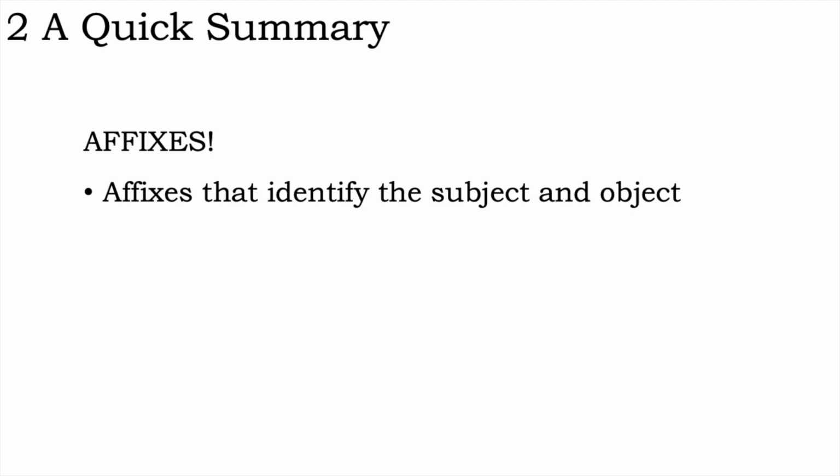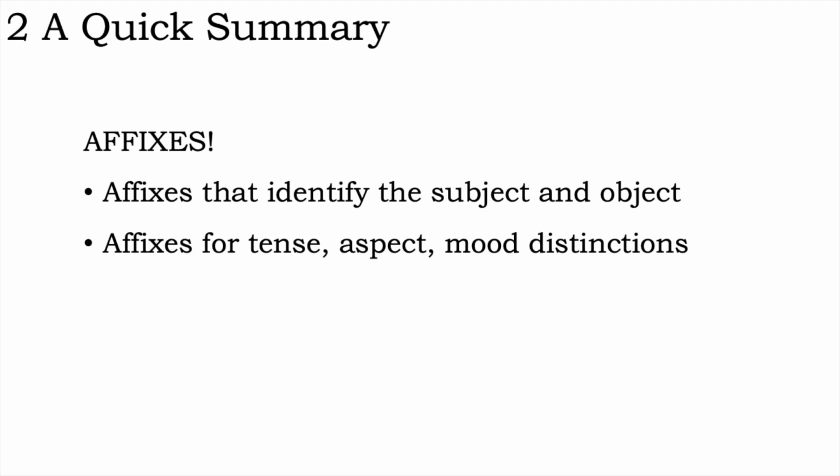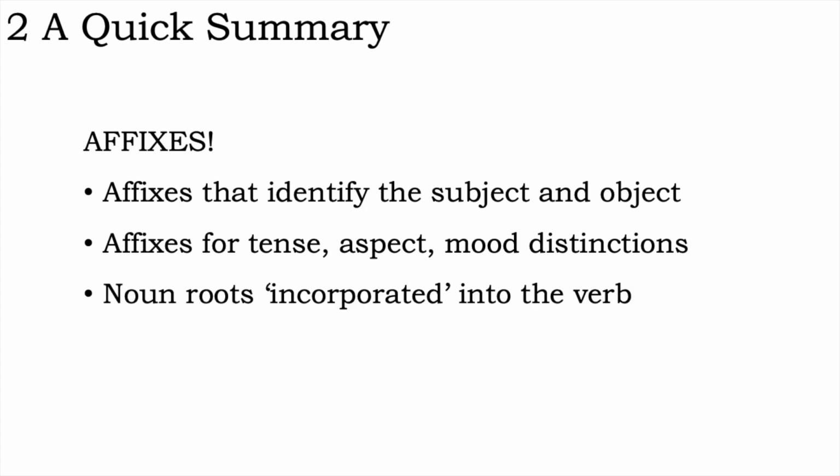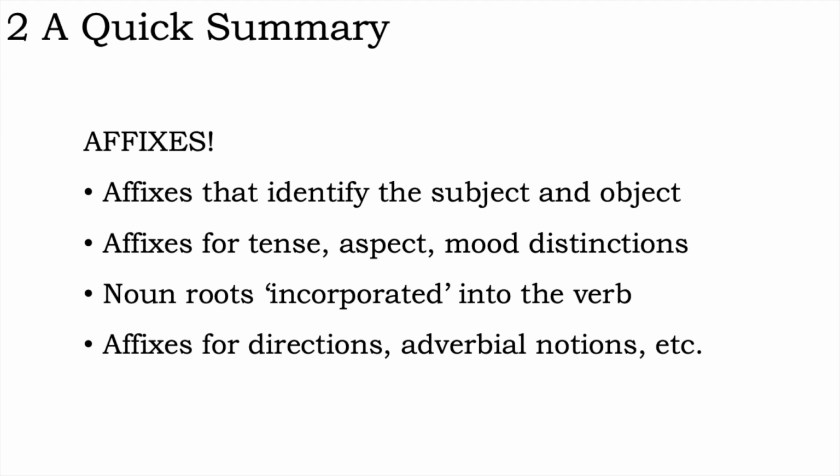This usually includes affixes which identify the subject and, in intransitive verbs, the object, any tense, aspect or mood distinctions the language makes, noun roots incorporated into or compounded with the verb to qualify it or identify participants like its former object or intransitive subject, and a host of other notions like directions, adverbial notions, and so on.